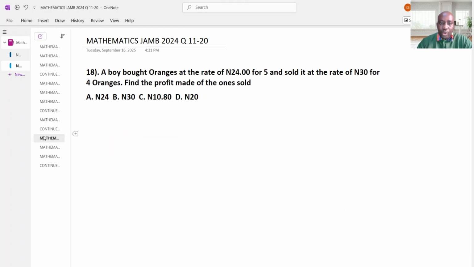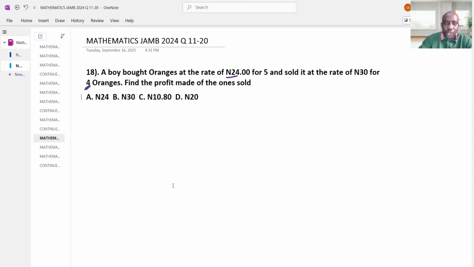A boy bought oranges at the rate of 24 naira for 5 and sold them at the rate of 30 naira for 4 oranges. Find the profit made on the one sold. He bought a total of 5 oranges at 24 naira, but he only sold 4.